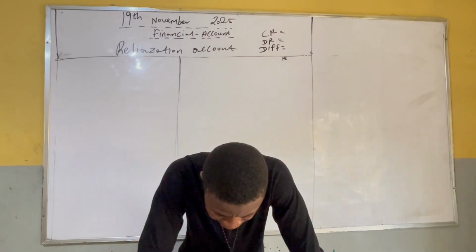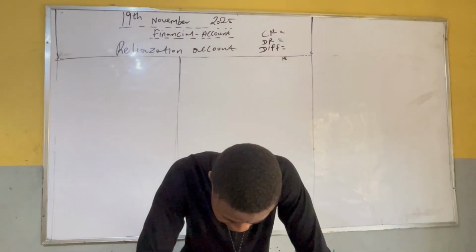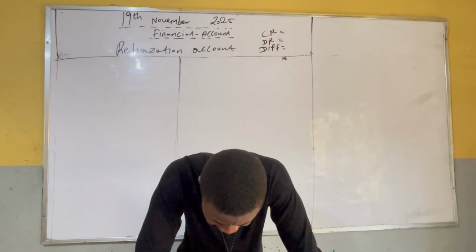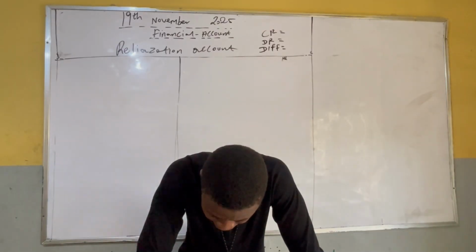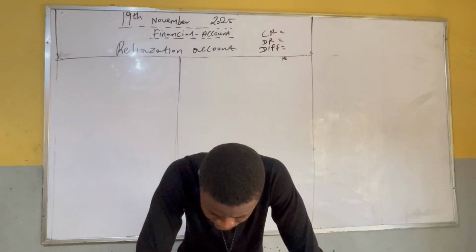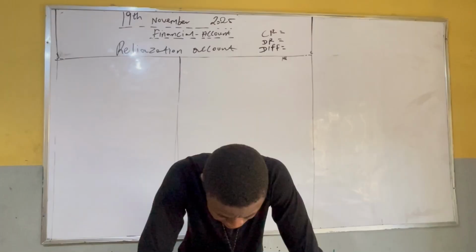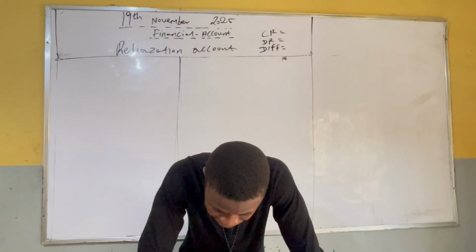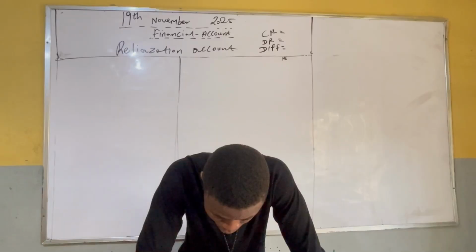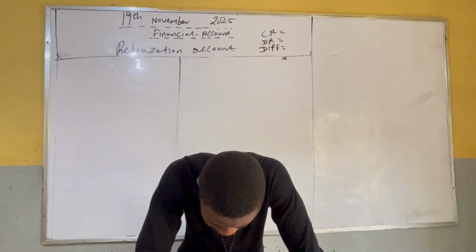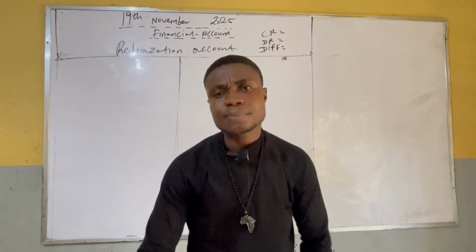The investments were sold for 7,000 naira. The building realized 20,000 naira. Stock, 3,000 naira. The creditors were settled in full. Goodwill was realized at 3,000 naira. Cost of the dissolution, 1,000 naira, were paid.